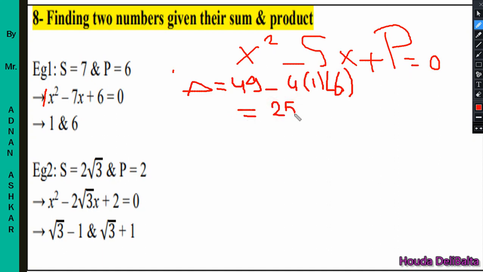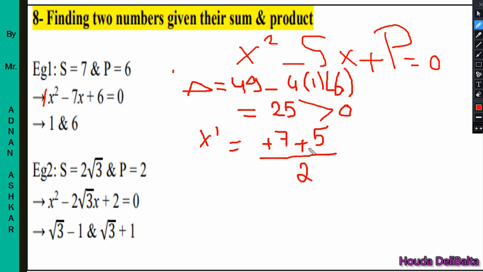Then 25 is positive. Surely this equation has two distinct real roots. One of them is x prime, which is equal to minus b, meaning plus 7, because b is minus 7, plus the radical of 25, which is 5, over 2a, which is 2 over 1. Then we will get 7 plus 5, which is 12 over 2, which is 6.